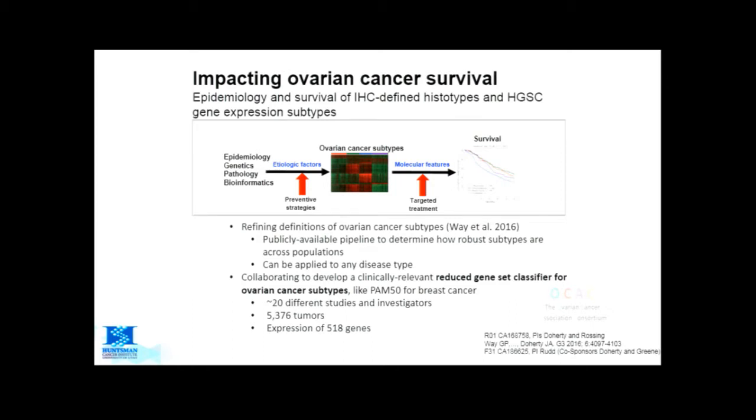And the idea is that we could use a simpler test to go back, understand what's going on in our existing data, but also move forward in clinical studies and our new enrollments. In order to do this, though, in ovarian cancer, it's taking a collaboration with 20 other investigators, and we're only looking at about 5,400 tumors, which is huge in ovarian cancer, but I know anybody who does breast or prostate, it's not that many.